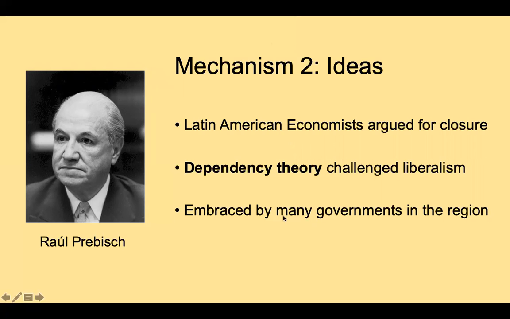icon was because he was so instrumental in developing dependency theory, in developing the intellectual case for closure and for domestic development through ISI. ISI was viewed as the antidote for relations of dependence and subordination to peripheral status in the developing world.